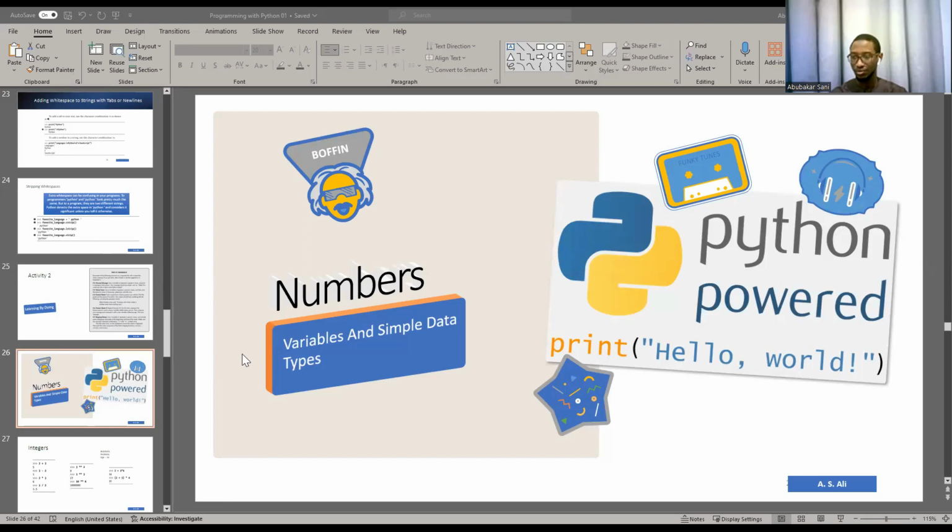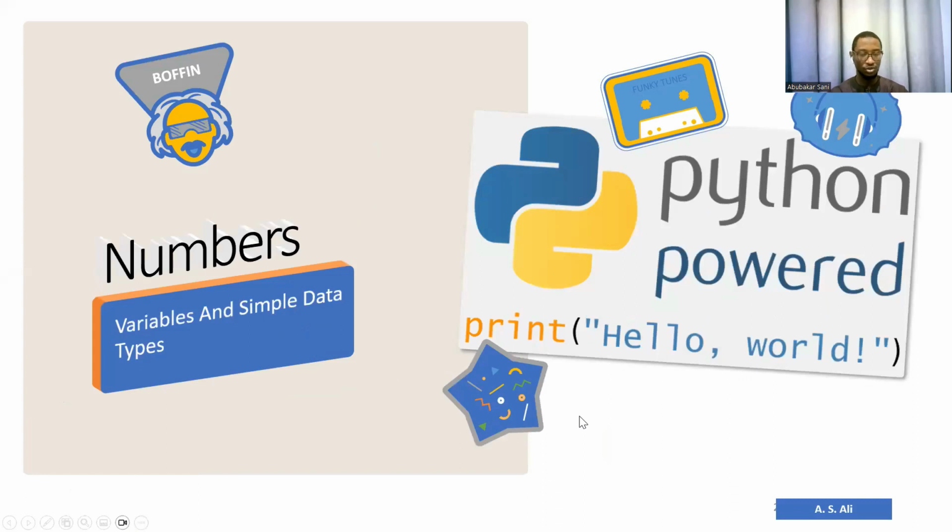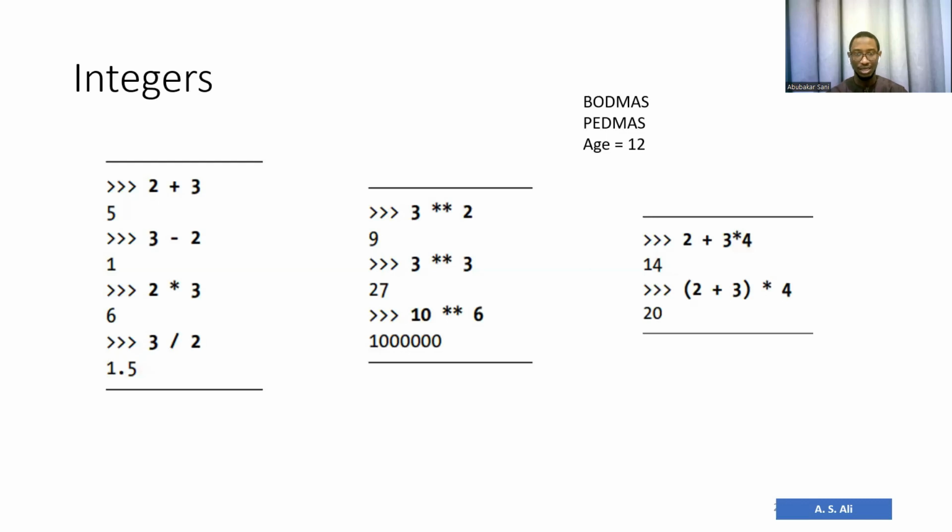Okay, numbers. So we have worked with strings, which is a data type. Now let's look at numbers. How do numbers come? How do we use numbers? Some examples of numbers: we have what we call integers. Integers are whole numbers, not fractions. Like 2 is a whole number, 3 is a whole number.